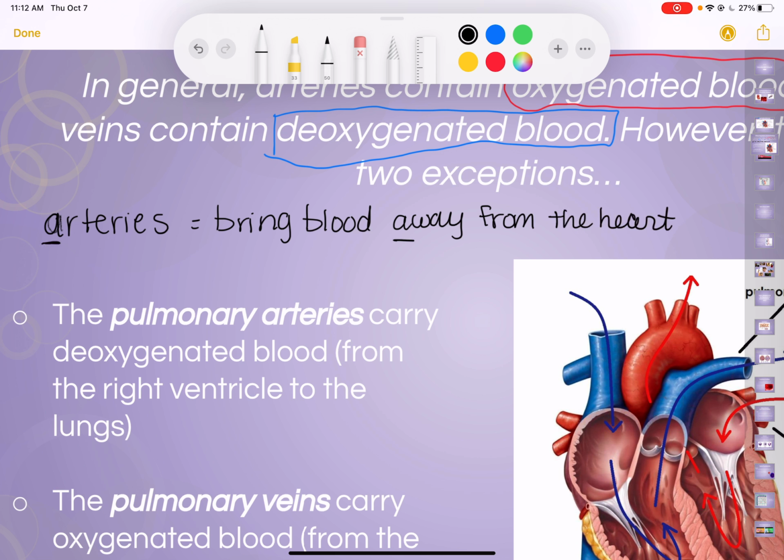A for away, that's what I think of. And veins bring blood to the heart. So as long as you remember A for away, then it'll sort of link up.